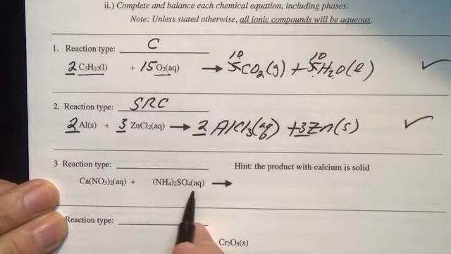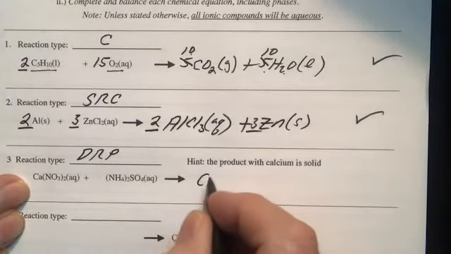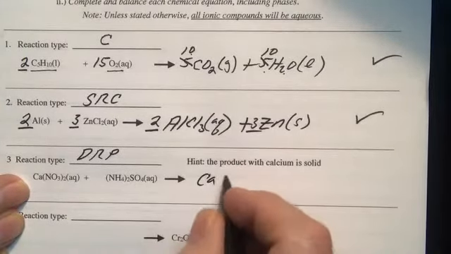So this is a double replacement precipitation reaction. In a double replacement reaction, the ions swap partners, as it were. So calcium sulfate, calcium's a positive 2, sulfate's a negative 2, and the hint tells you that that's going to be our solid.